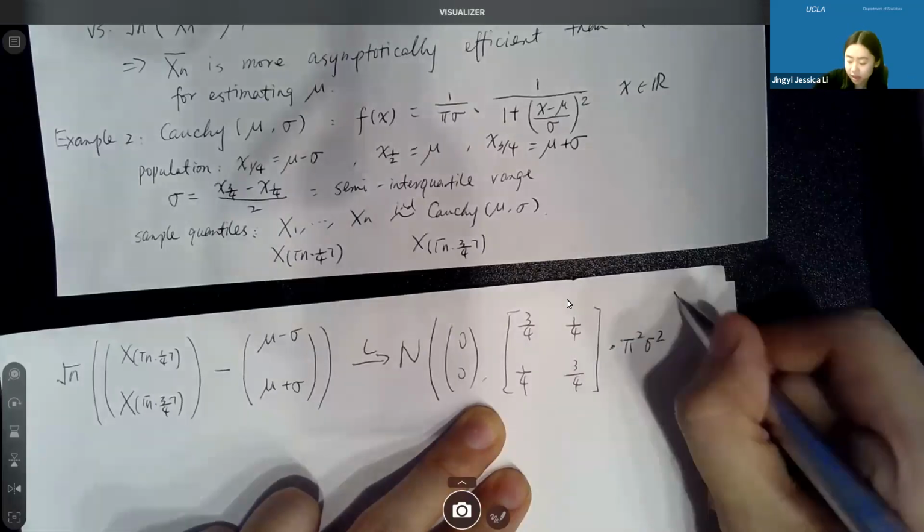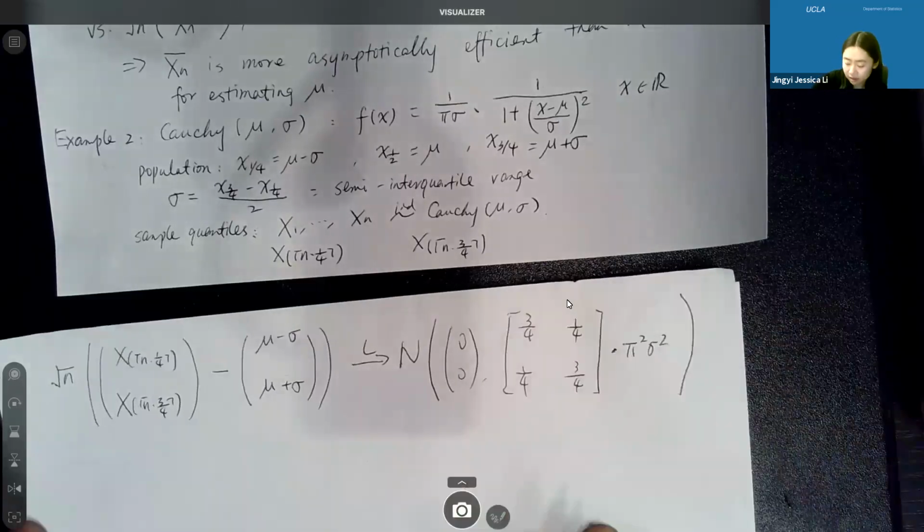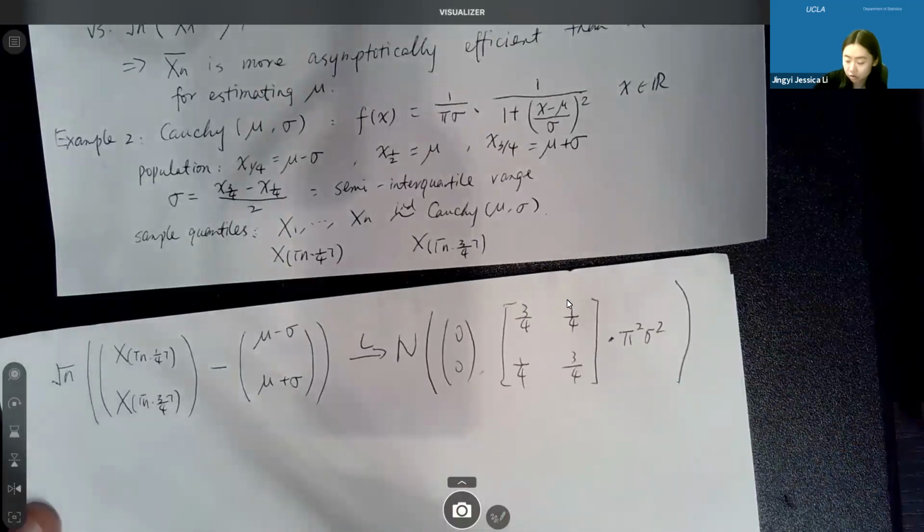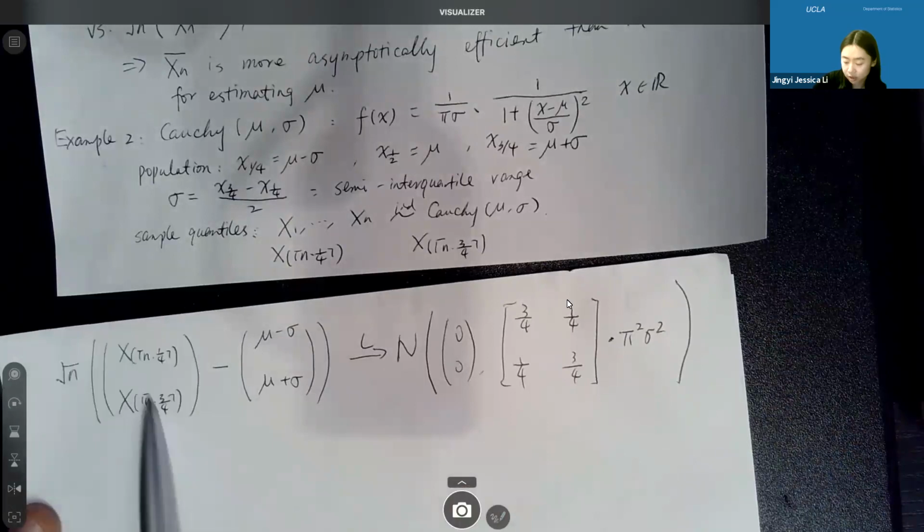Okay, so with this, what's left is just to do one step of delta method to go from this joint distribution to the difference of this minus this over 2.